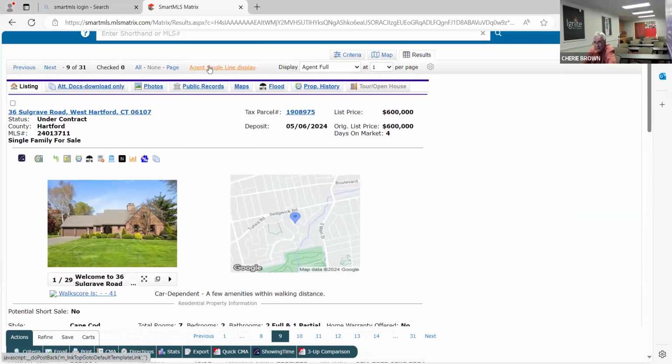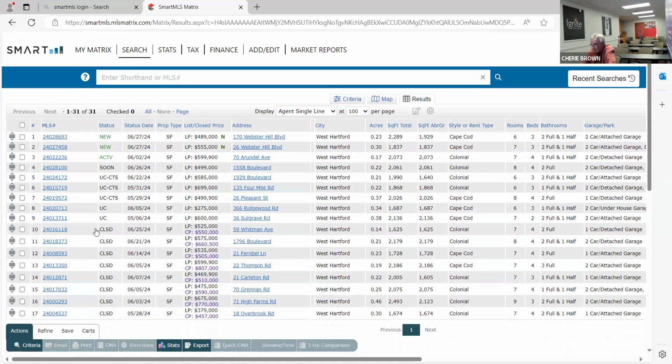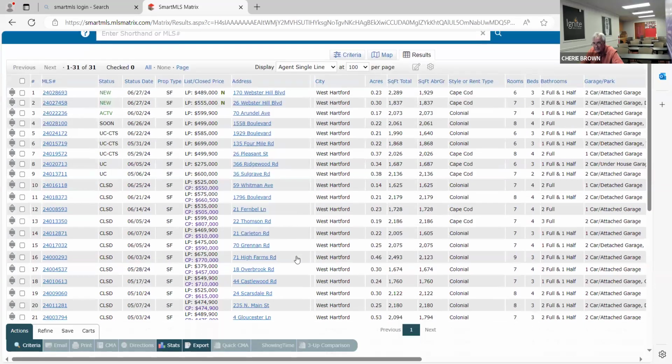I might leave it with the others. And just so we don't stay here all day, we'd go to the most important, which would be those properties that are closed, although these under contracts and actives are pretty good indicative properties of the marketplace.